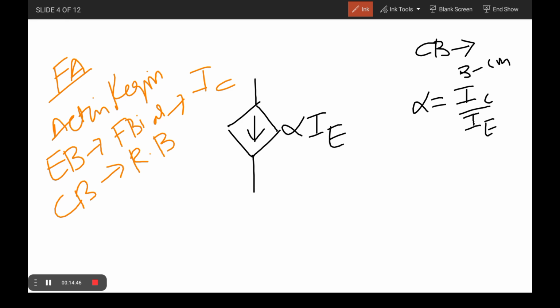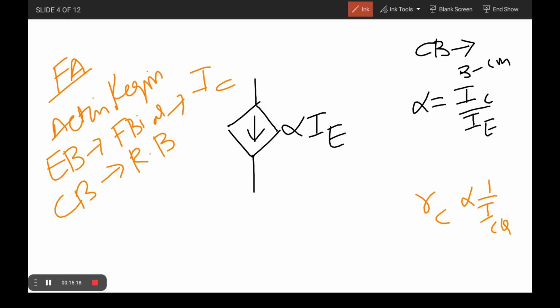That small slope also represents some resistance, which is generally called the output resistance. Here also, the RC value is inversely proportional to ICQ, that is, proportional to 1 by ICQ.